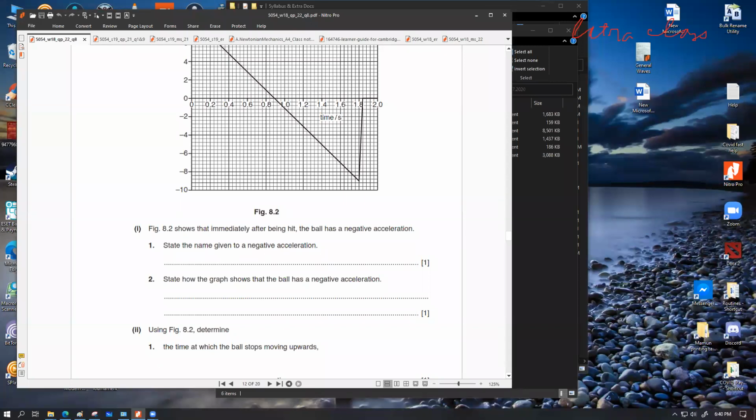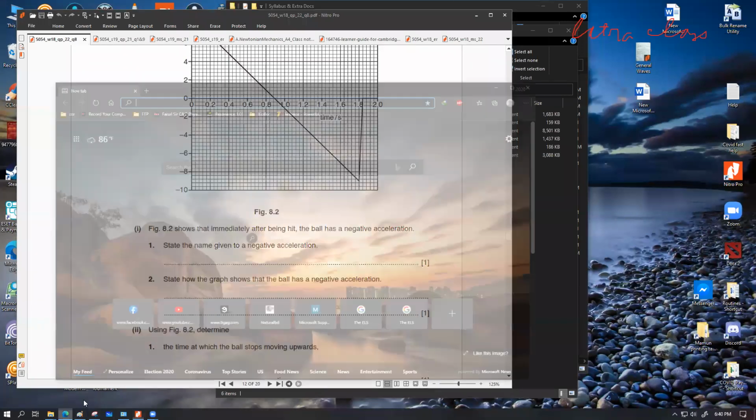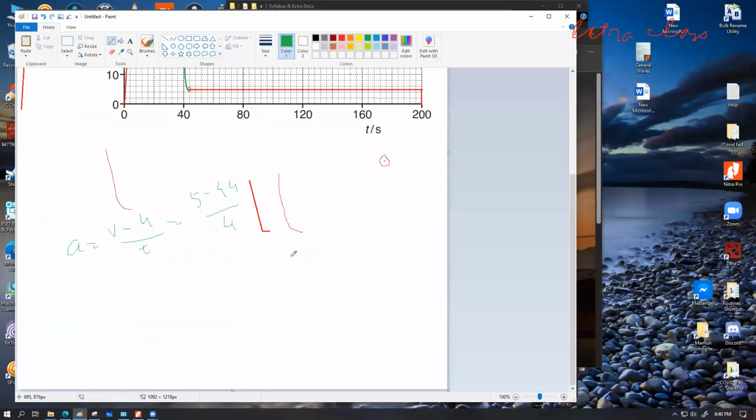What is the equation for acceleration? A equals to what? V minus U by T. A equals to V minus U divided by T. Beautiful. Or I can write that, let's say, delta V by T. Sometimes you can also write T, delta T, it doesn't matter. Which means whenever that ball is undergoing that deceleration, the T value is extremely small.